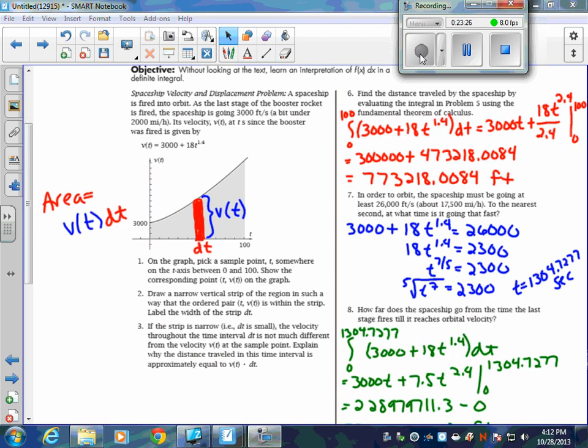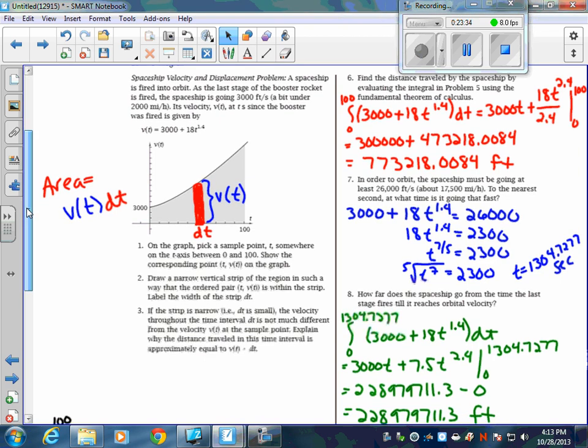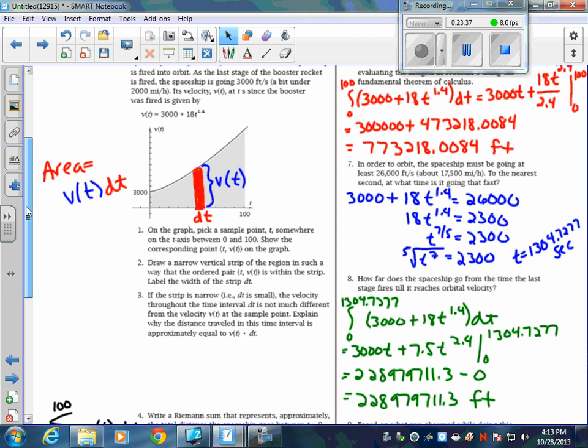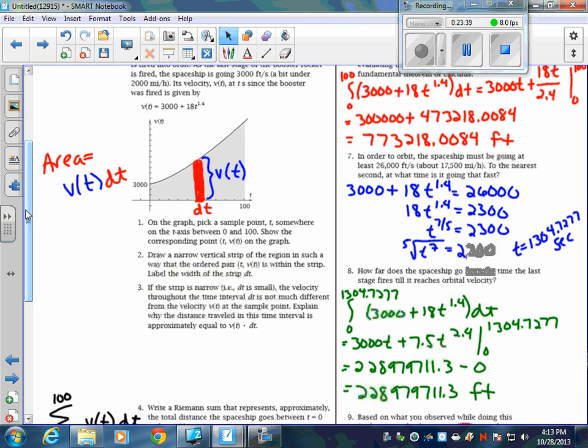So here are my solutions for 6, 7, and 8. For number 6, my answer is the distance traveled by the spaceship was 773,218.0084 feet. In number 7, the time that this happens is at 1,304.7277 seconds.